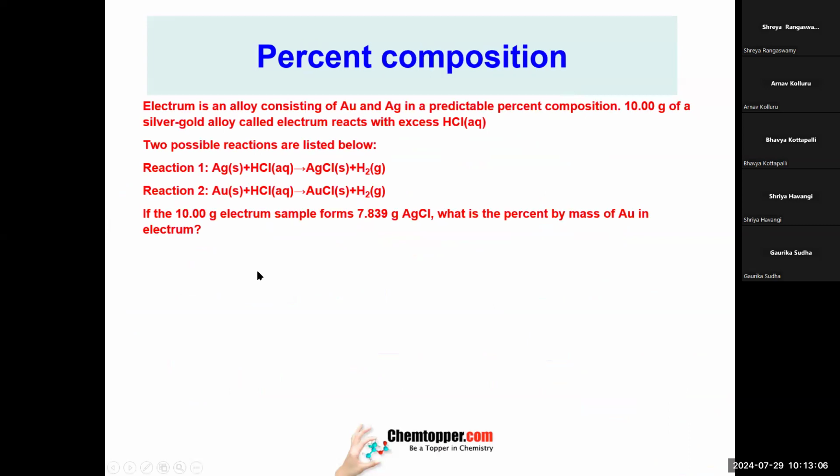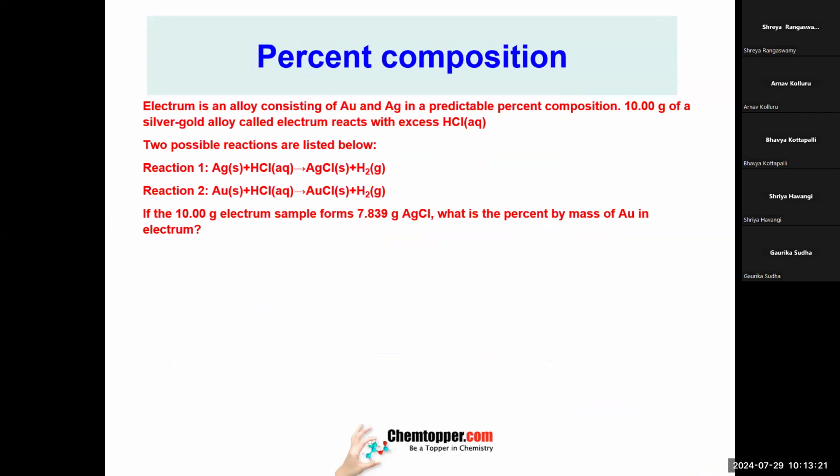Ready for another question? These are percent composition questions, meaning percent purity. In the given sample, how much percent is the pure one? These types of questions.